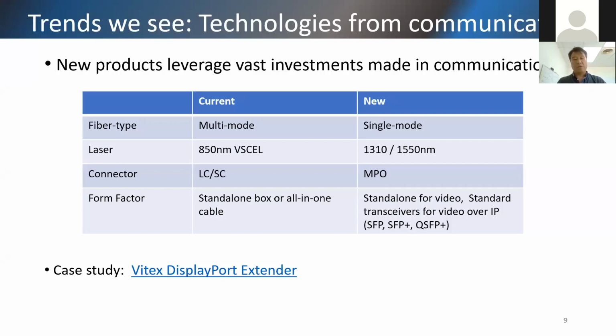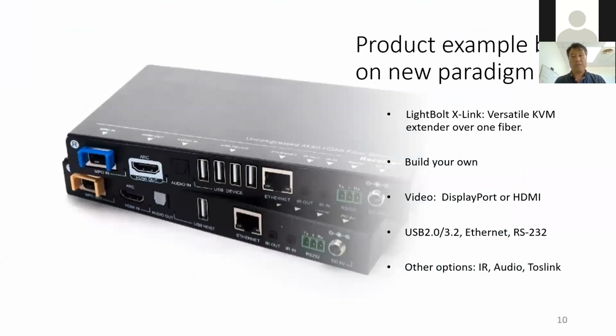But that was one example of leveraging technology from the communications space. This is an actual product example that I wanted to share. This is a KVM extender over the MPO connector-based fiber cable. And because there's a lot of flexibility, you can have a DisplayPort or HDMI for the video.